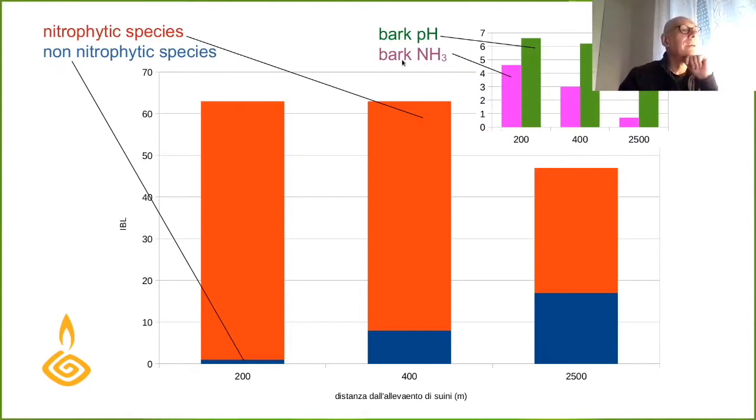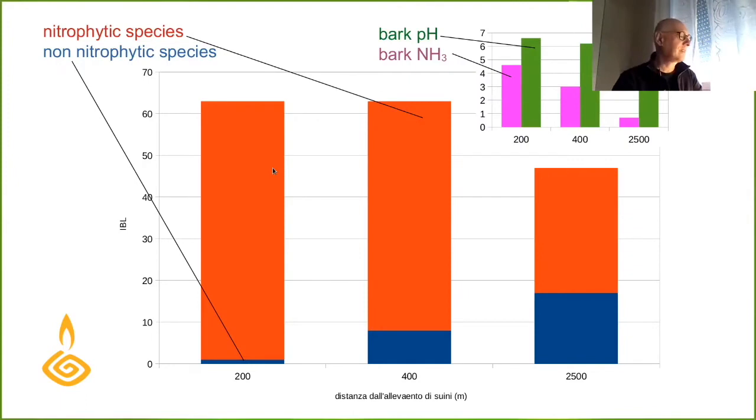That ammonium, not ammonia, it's a mistake, NH4, on the bark was clearly influenced by the pig stock farm, decreasing with distance, and in parallel also the pH of the bark was decreasing, moving away from the pig stock farm because of the ammonium.